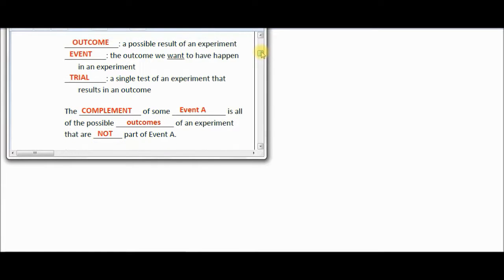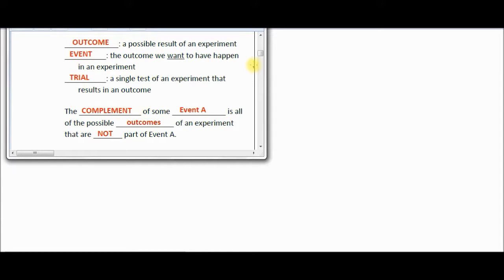Okay, here's another part we've learned already. The complement of some event A is all the possible outcomes of an experiment that are not part of event A. Remember my example in class? If I am 98% sure I will be in class, then there's a 2% chance I will not be there.